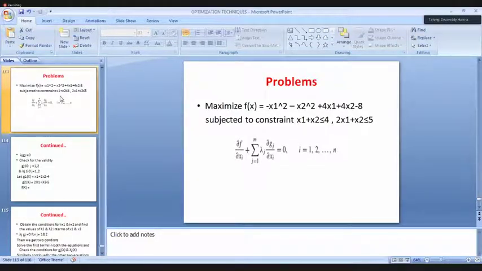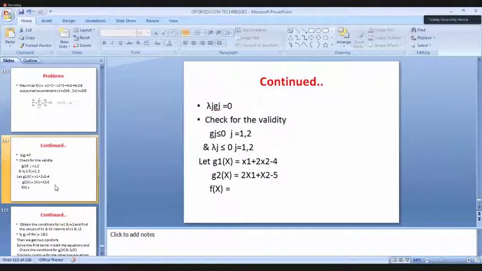So according to that condition, I am taking gj function as less than 0 for j equal to 1, 2. If gj should be less than 0, what about the lambda j in order to have a minimization function? Less than or equal to 0 for j value 1, 2.